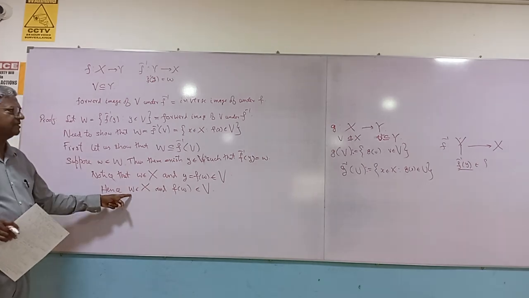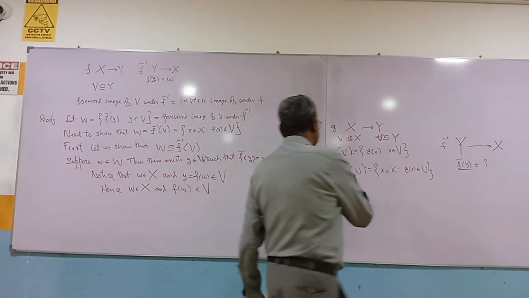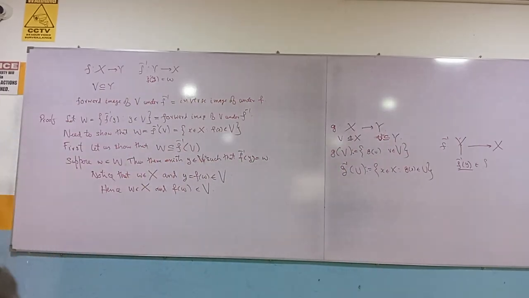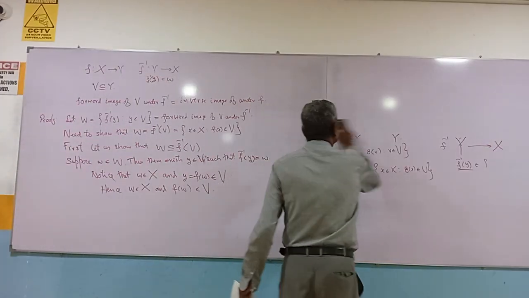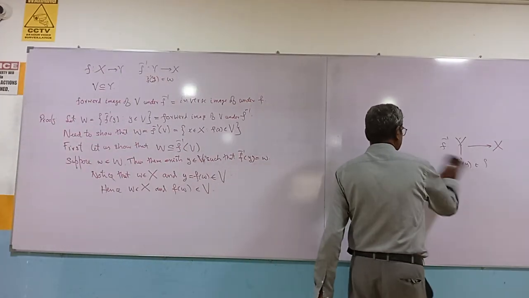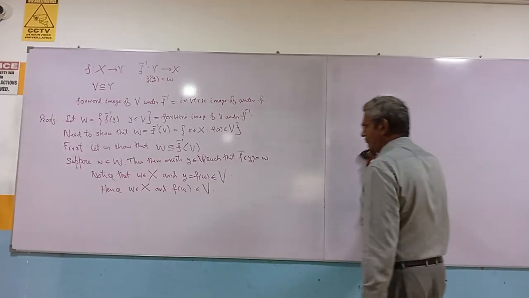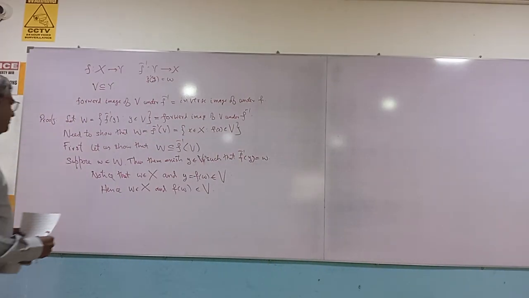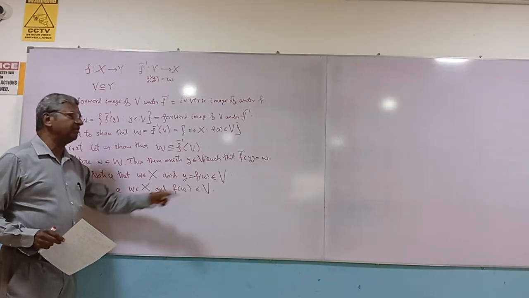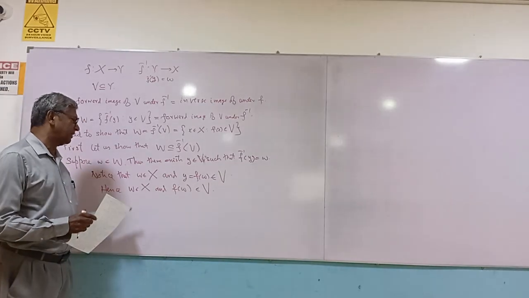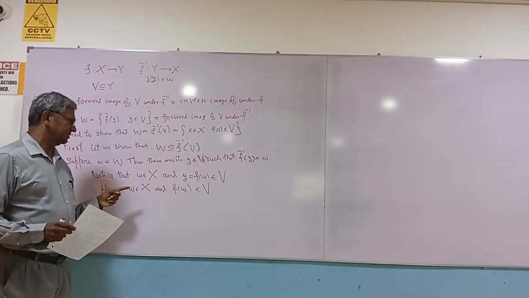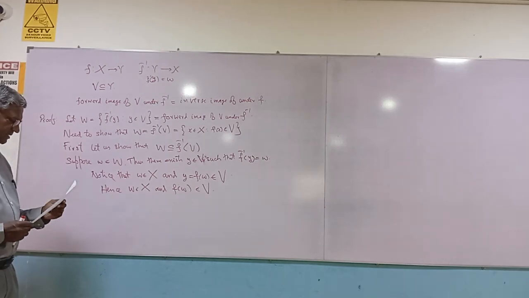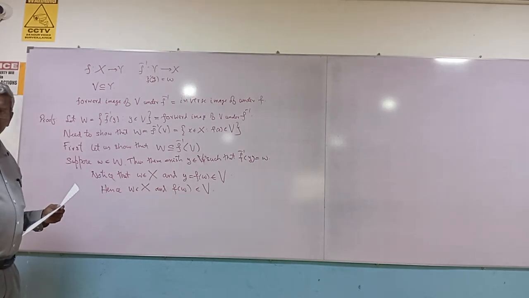Now, what is this? No, this one. W belongs to X and FW belongs to V. Therefore, what can you say about W?